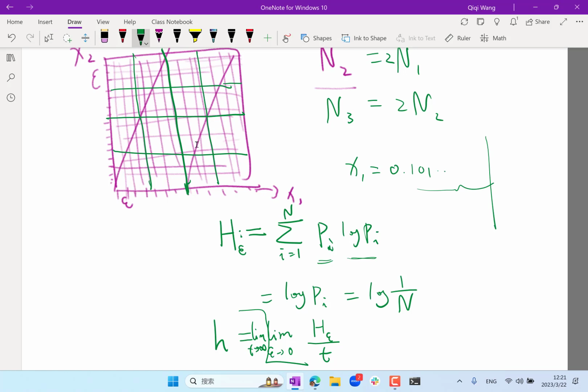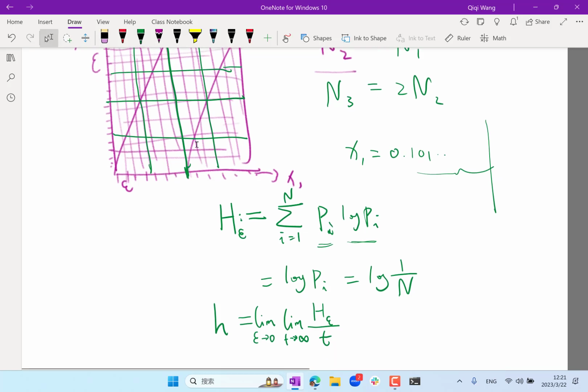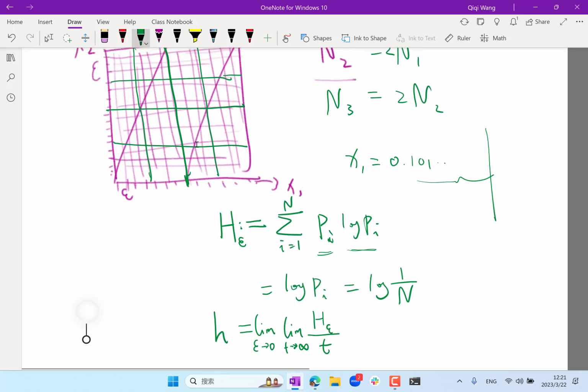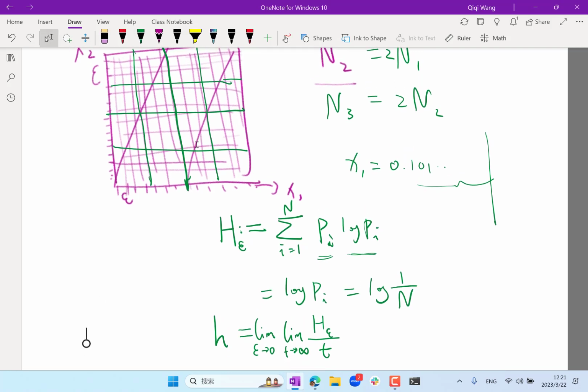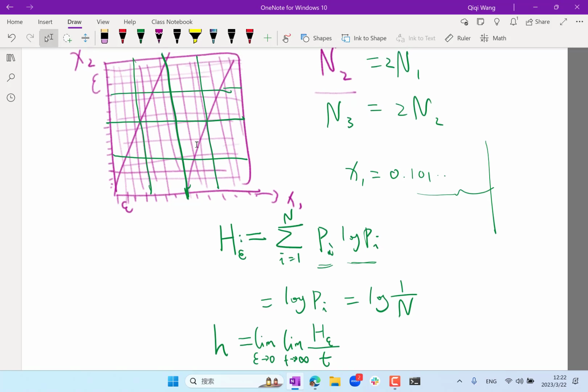I have to take the time going to infinity first, because otherwise I would get infinity. Taking t to infinity means I'm not looking at how much information I have in a finite time trajectory, but at how fast the information increases as time goes on. Then taking epsilon to 0 means I'm looking at the rate of information increase for a sufficiently fine measurement precision.